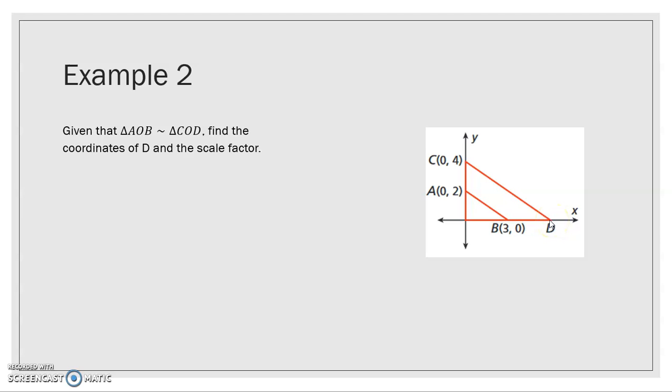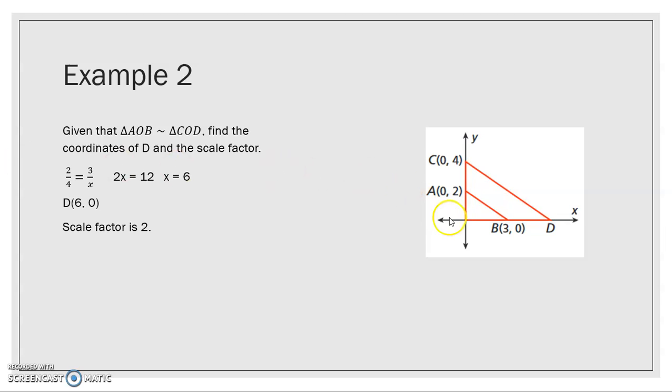So what we're going to do is use the side lengths to create a proportion. See if you can create a proportion to figure out what the x value for D will be. Now we know the y value is 0 because it's on the x-axis, but see if you can figure out what D is, and then come back here to check your answer.